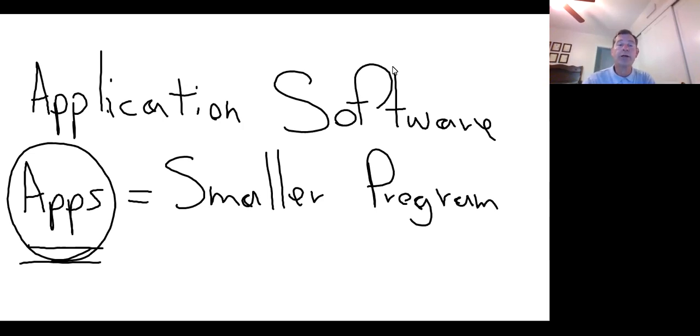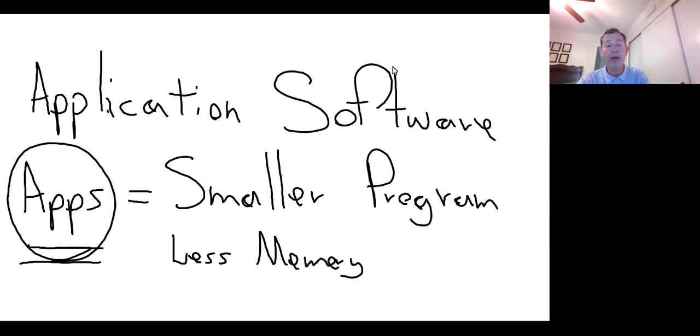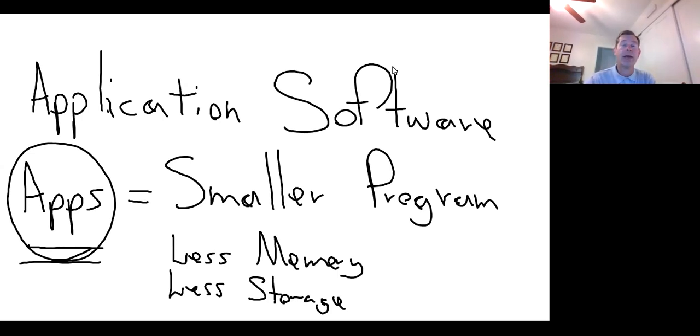And the reason it's smaller is because tablets and phones have less memory and less storage space. So if you tried to install Word on a tablet, you may have enough room, but you're very rapidly going to run out of room.